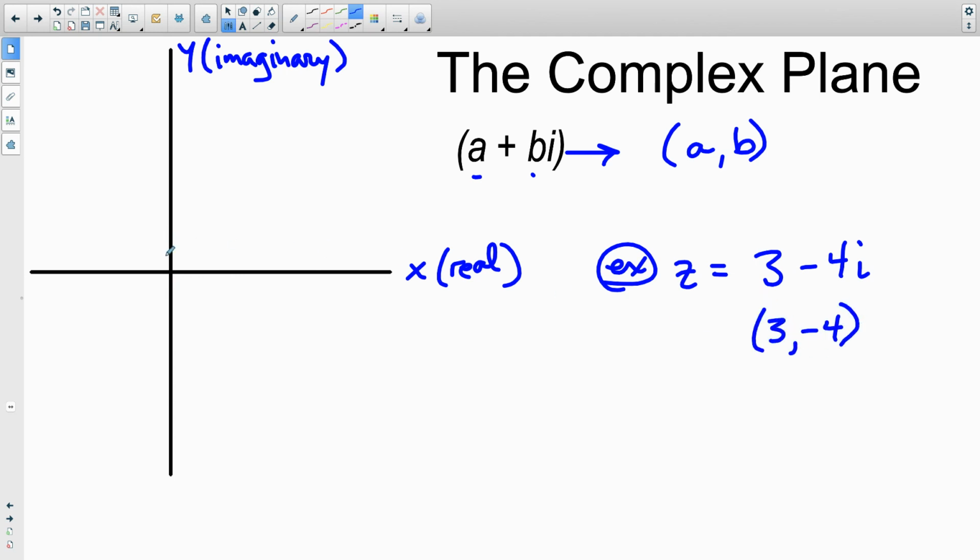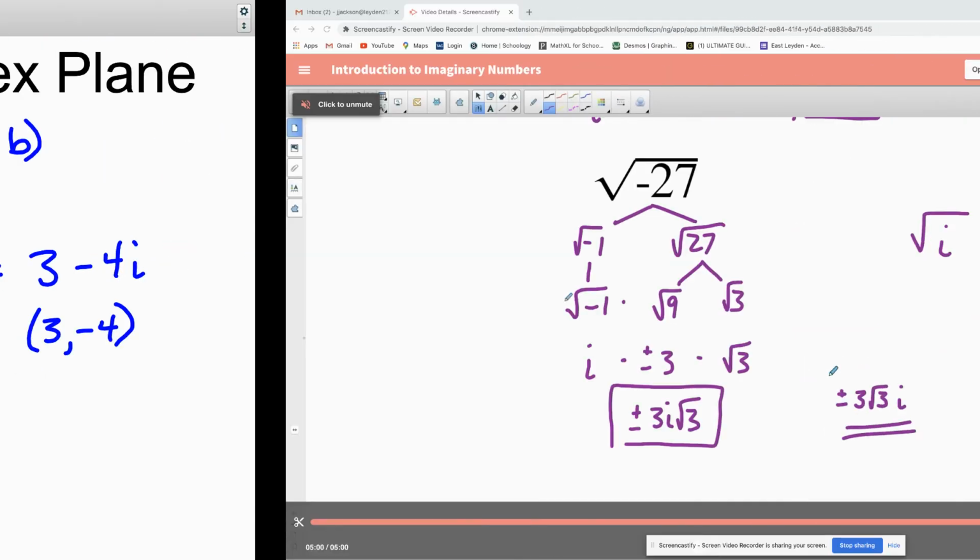It's almost as if we're graphing the point (3, -4). So we would put that point here. But when we express it, we write it as this complex number. So the complex plane is very similar to the real number plane. We have to redefine the two axes as real and imaginary, but we can use this complex number as a regular ordered pair of x and y if it helps you visualize it like so.